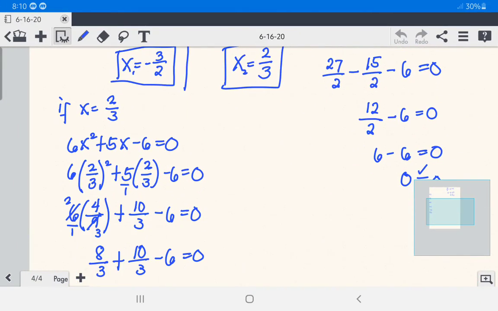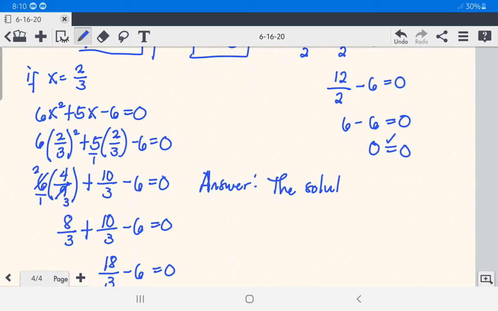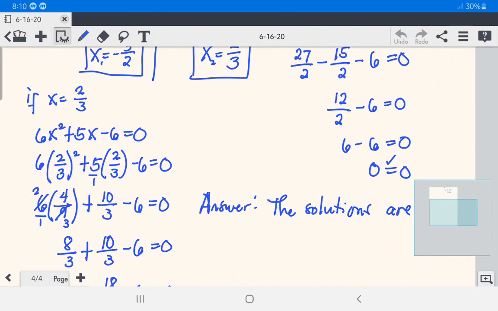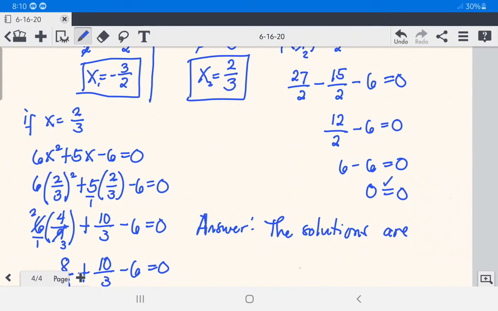Therefore, the solutions are negative 3 over 2 and 2 over 3.